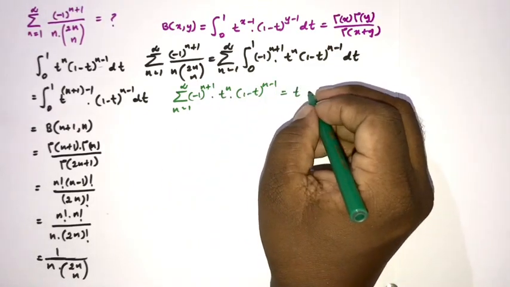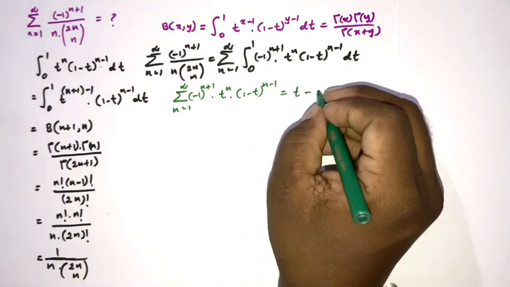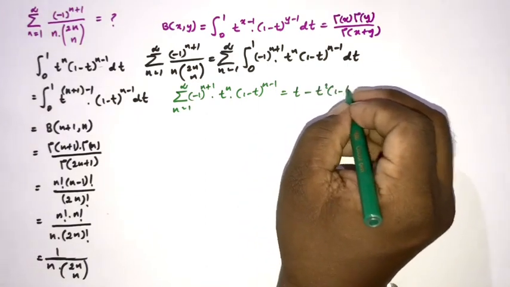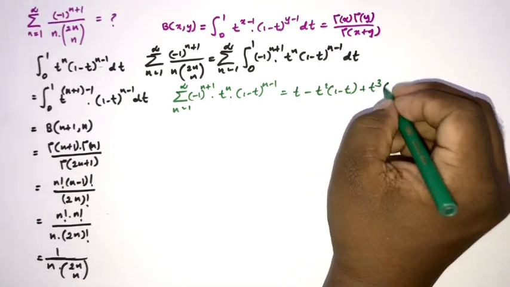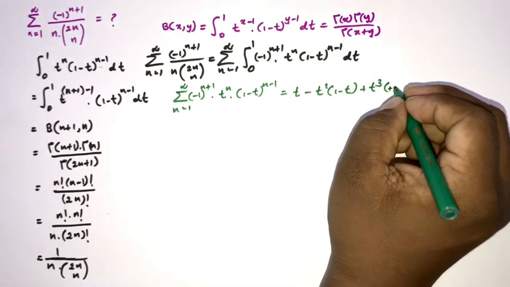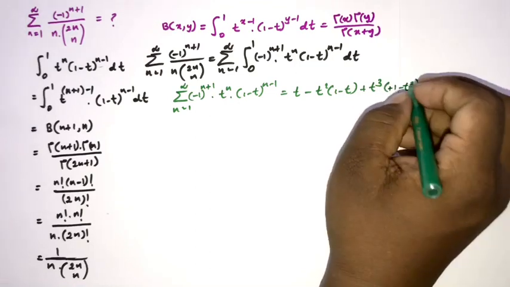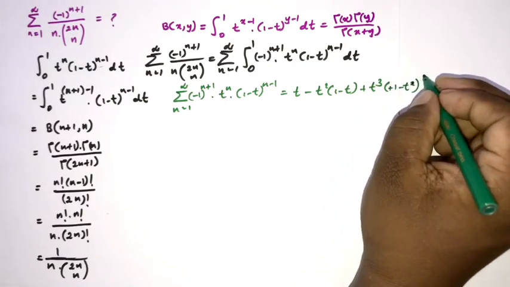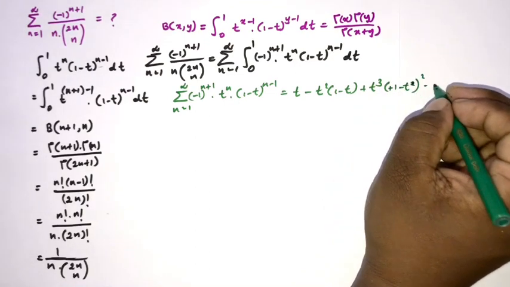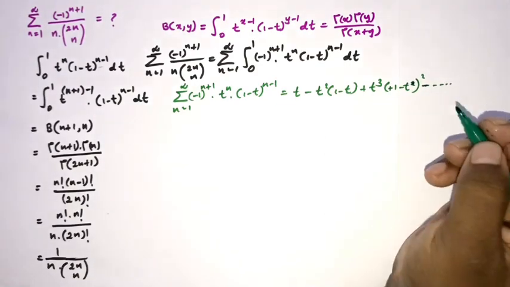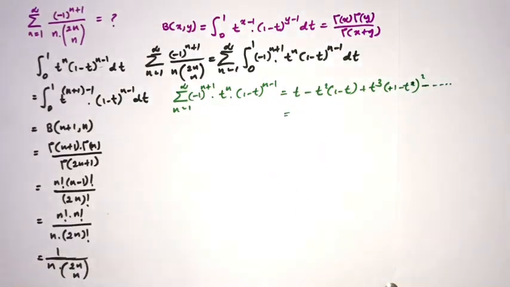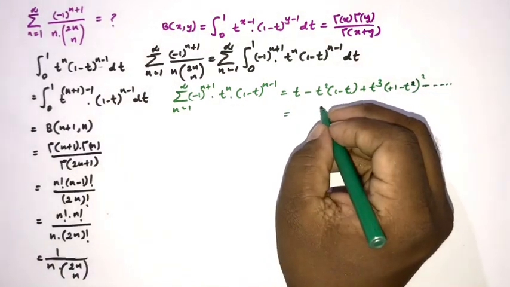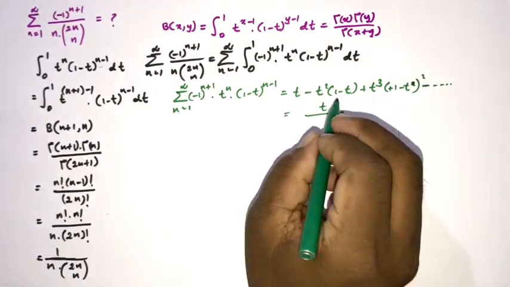Then if we apply 2, we have t squared times (1 minus t), then t cubed times (1 minus t) squared, then minus, and so on.